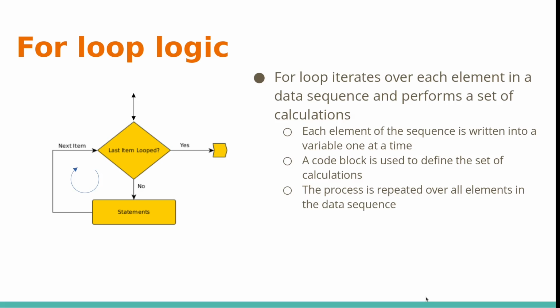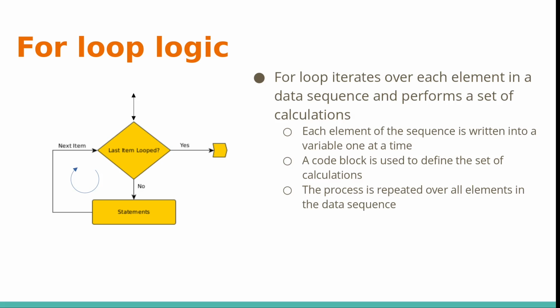A for loop is generally used when you have a sequence and you want to loop over every element of that sequence. For the most part, I'm going to be using a list as my data sequence, but you can apply for loops to tuples, sets, as well as dictionaries.